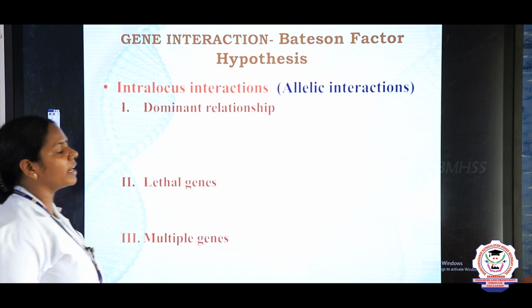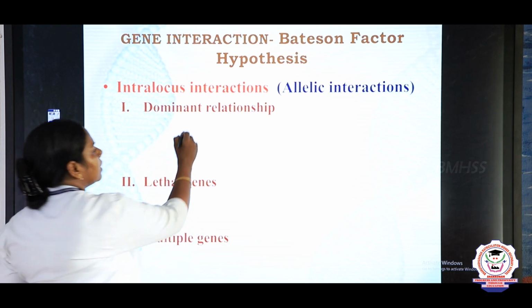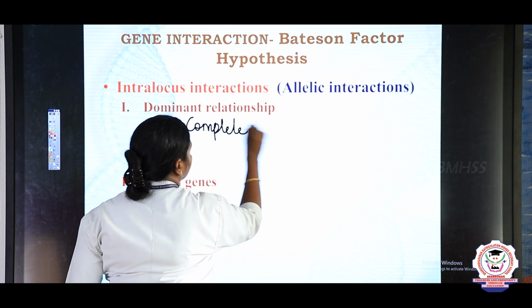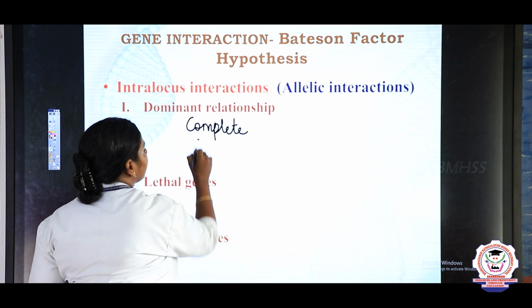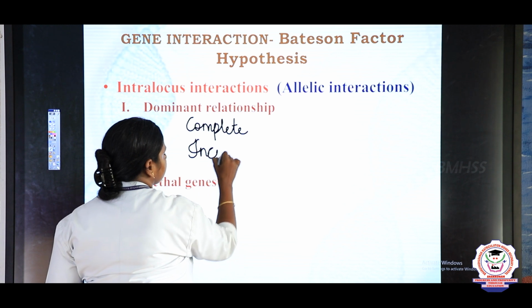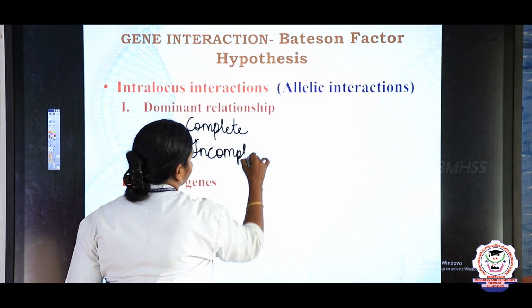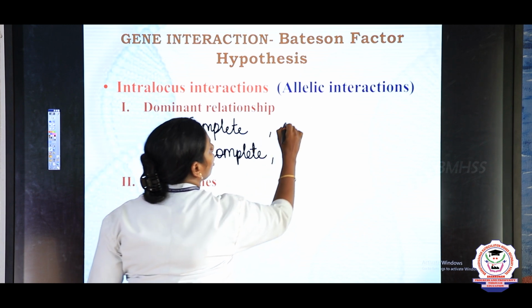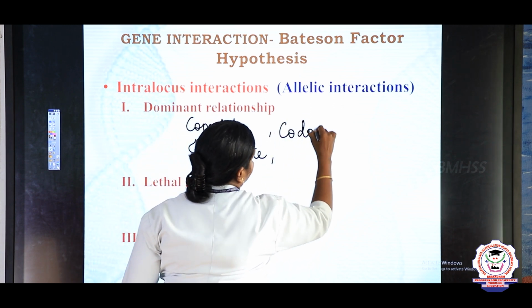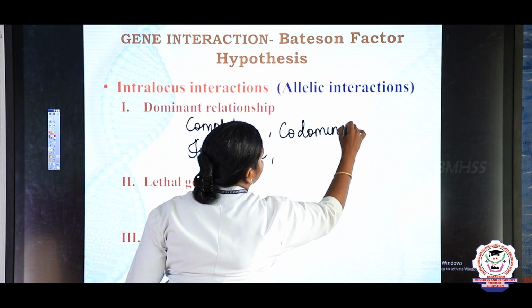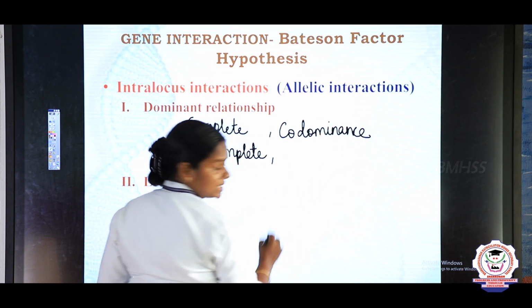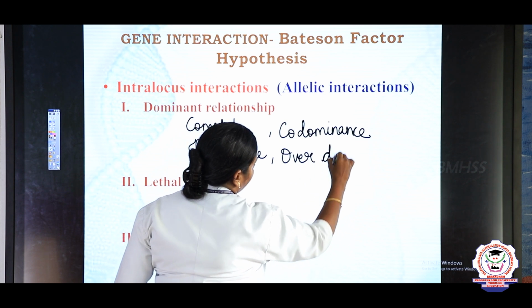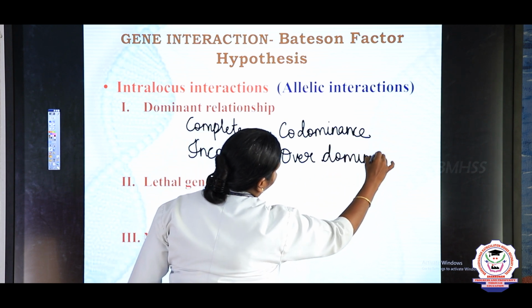The types of dominant relationship are complete dominance, and then incomplete dominance, and then codominance, and then overdominance.